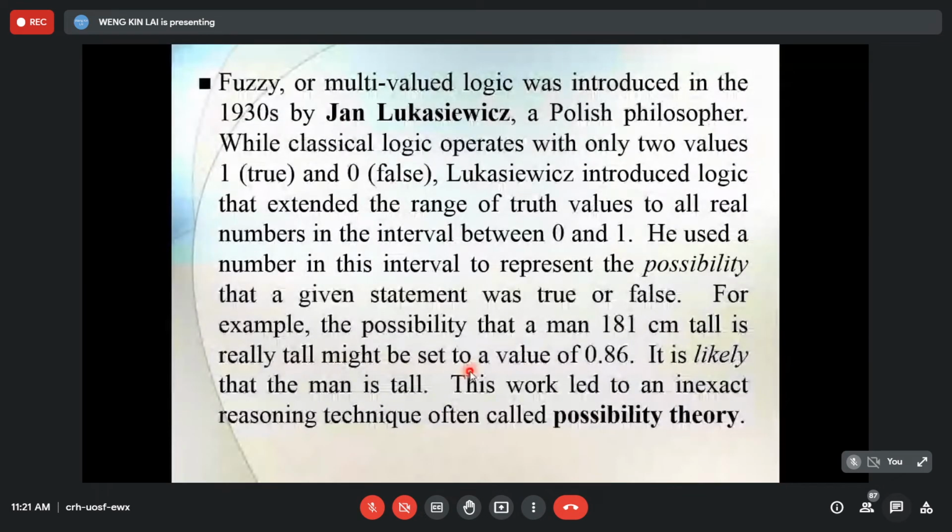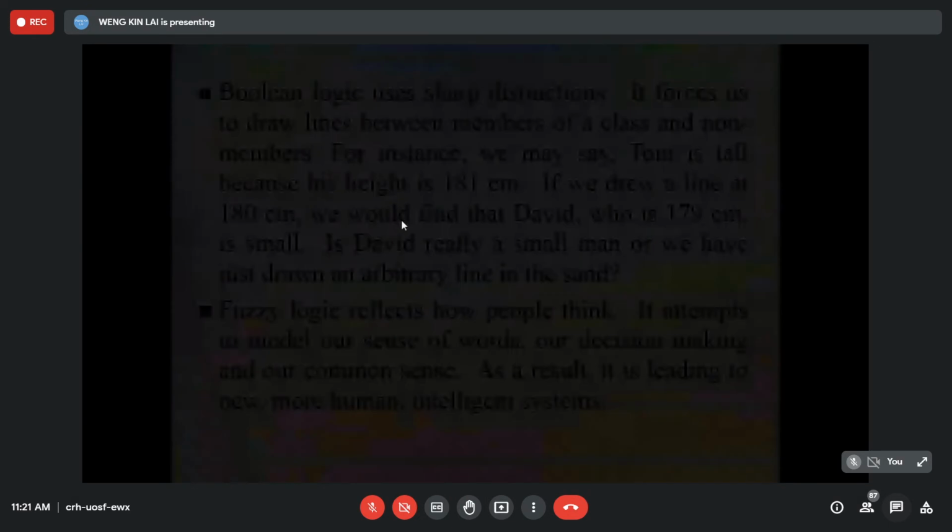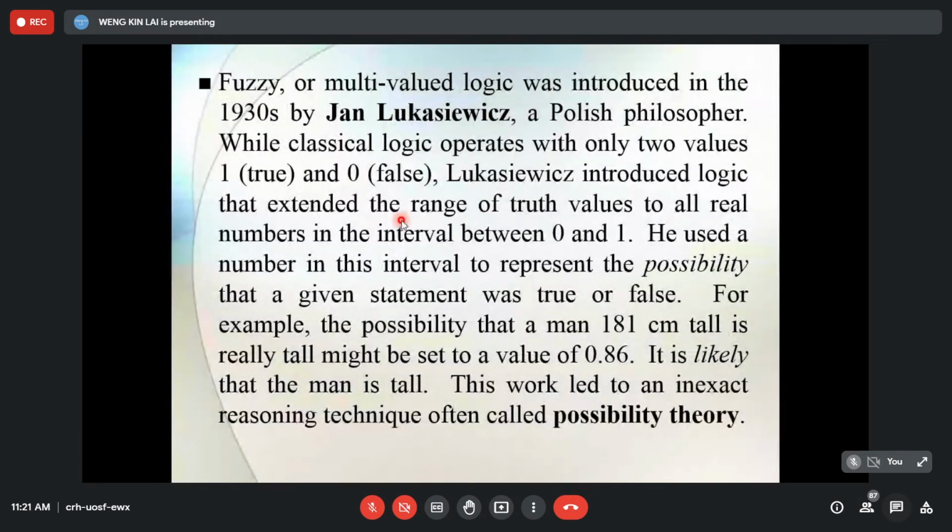Now fuzzy, as we said before, is multi-class, no longer just yes or no, black or white, dark or bright. So this is multi-valued logic, right? Fuzzy or multi-valued logic, no longer just two values but multiple values, was introduced in the 1930s, way back.